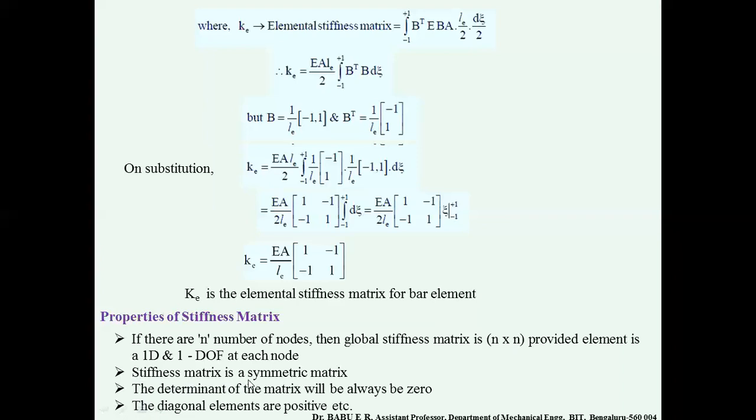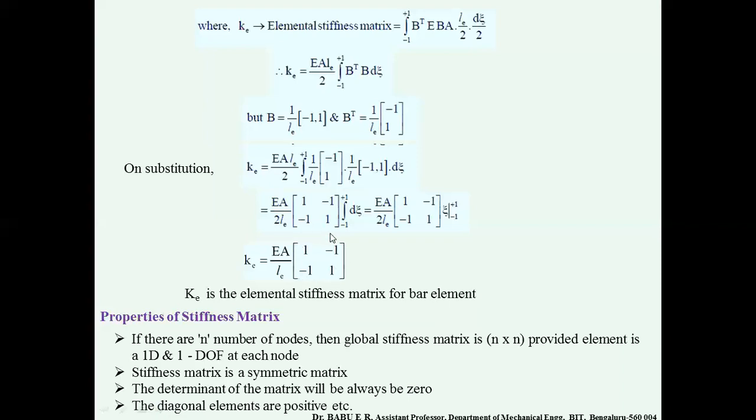The stiffness matrix is a symmetric matrix. Symmetric matrix means the elements above and below the principal diagonal are always symmetric. That is the second property. The third property is the determinant of the matrix will always be 0.